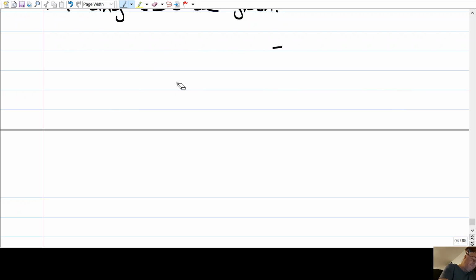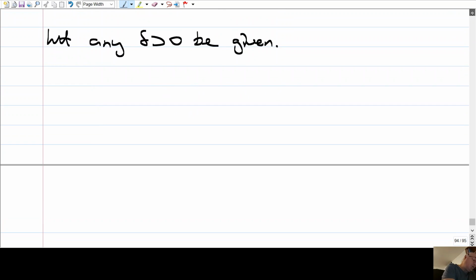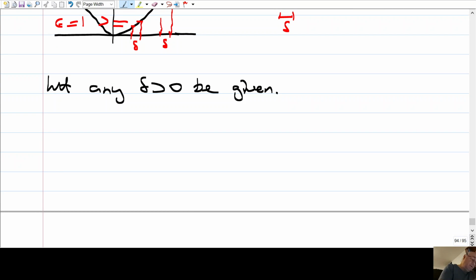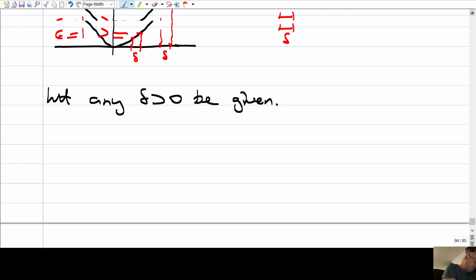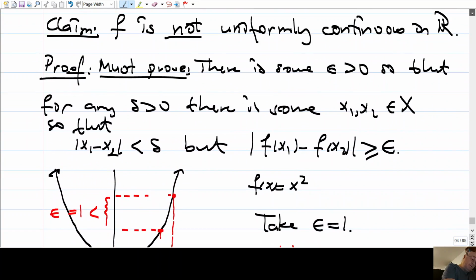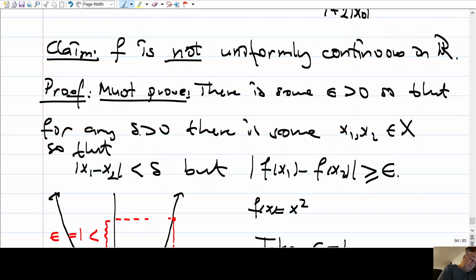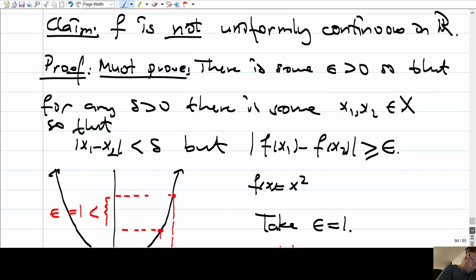So you see, I first write down what I need to show, and then I choose my stuff accordingly. Remember what I have to do: for any delta, I need to find an x1 and x2 so that they are delta close, but the difference of images is larger than epsilon.